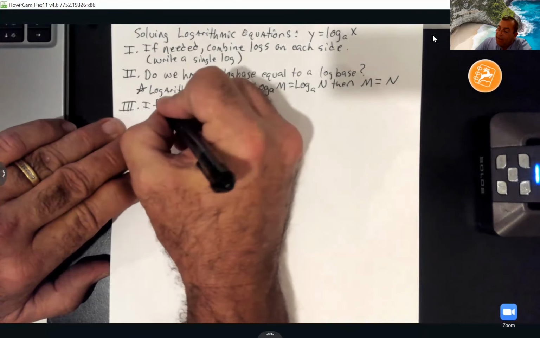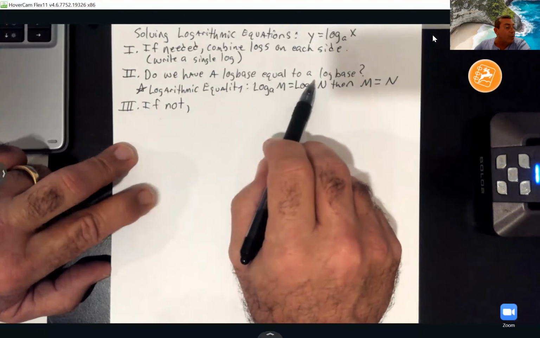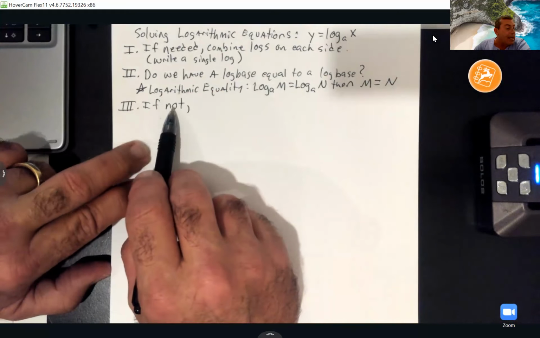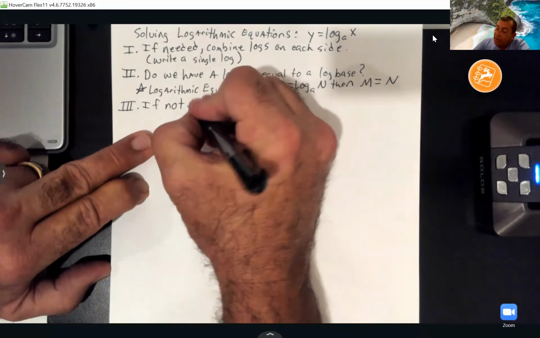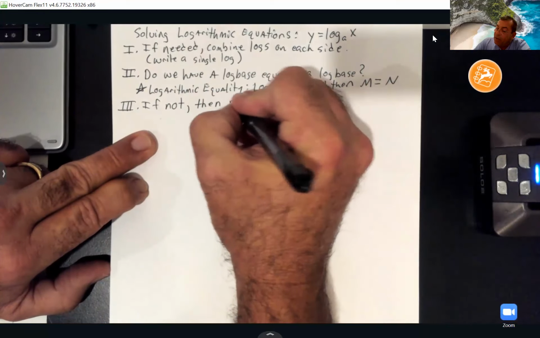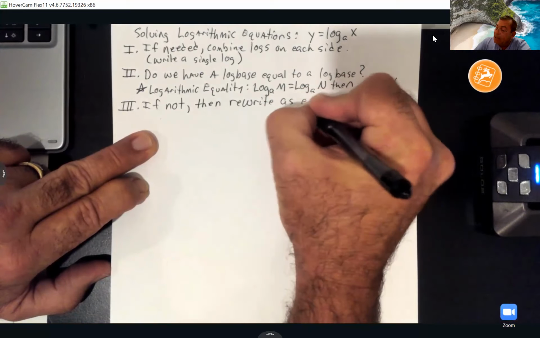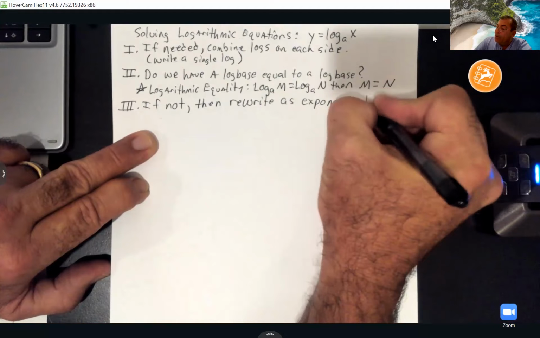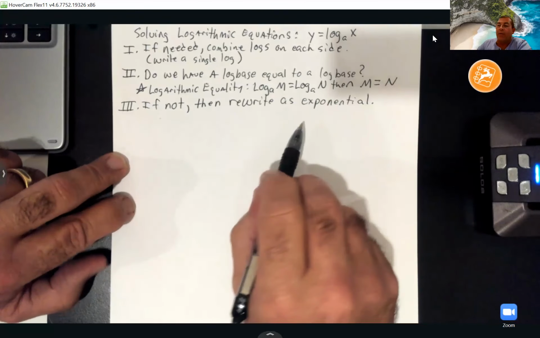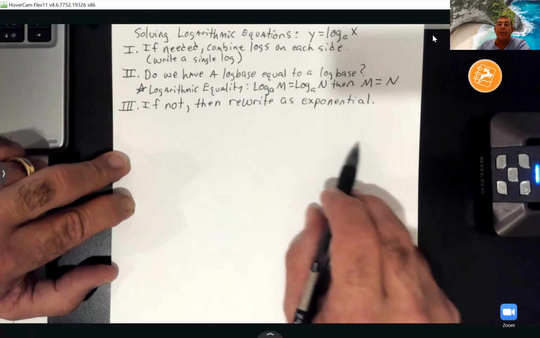Now, if not, so if I don't have a log base equal to a log base, my next step to try, I'm going to rewrite it as exponential. So this was the stuff we did in 9.3 when they gave me the log and I had to write it as the base to an exponent equaled.